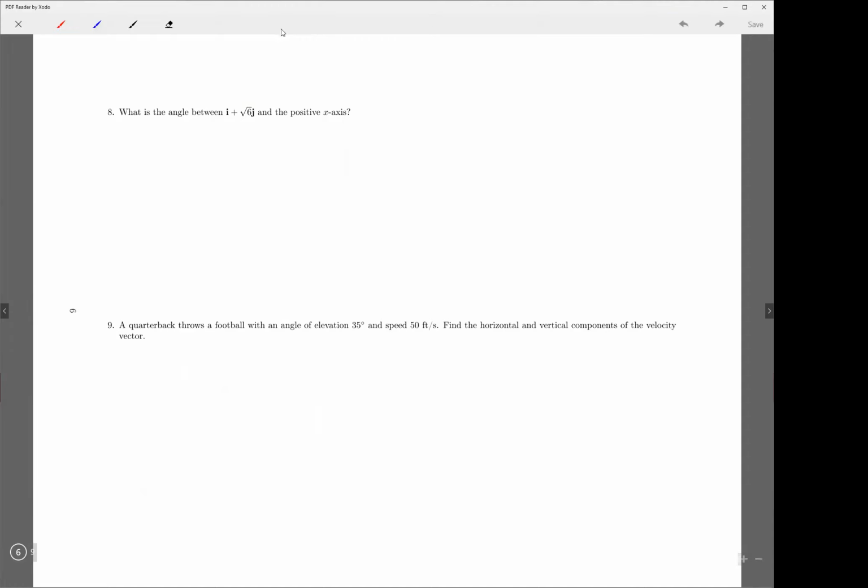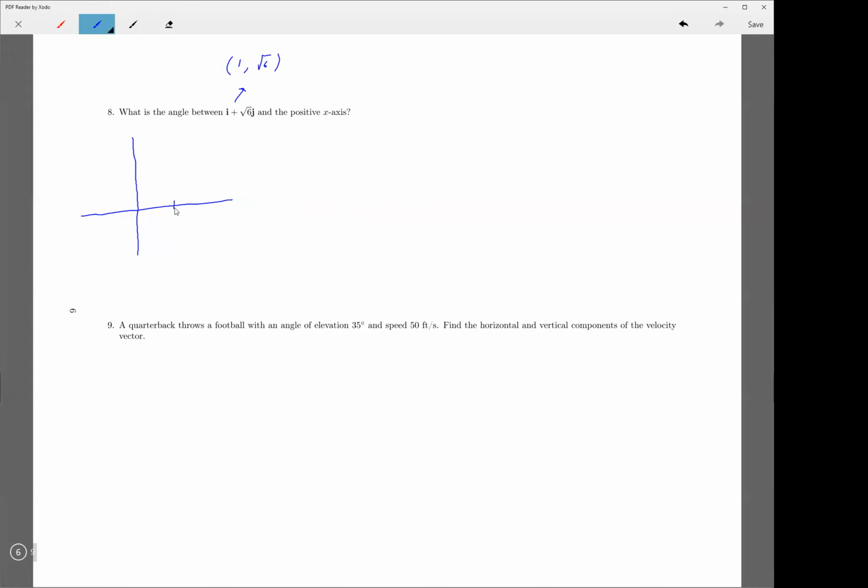Okay, so the question here is, what is the angle between this vector and the positive x-axis? Okay, so this is just 2 dimensions, so we can actually draw this. So this is 1 in the x direction. Okay, so this is kind of like looking at the point 1, square root of 6, right?